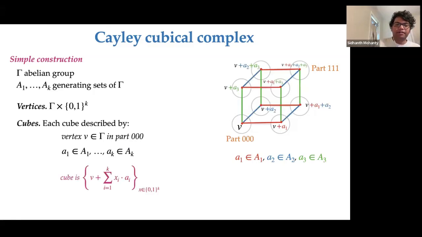Okay, so now let me give you a formal description of the cube. The cube is going to be V plus the sum over xi times ai, where xi is 0, 1 valued, and I range x over the full hypercube. And that's what gives me the vertex in the cube that's in part x.